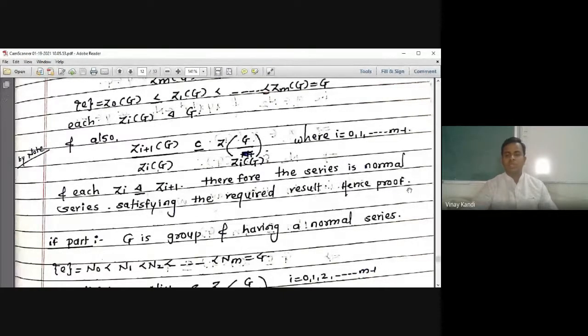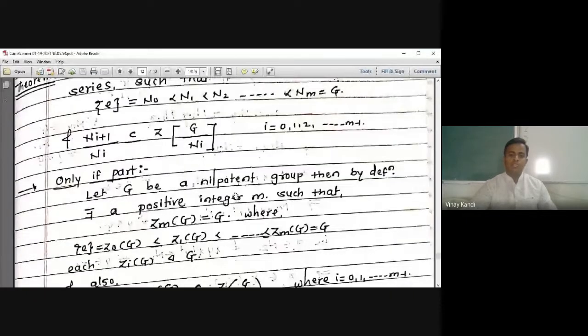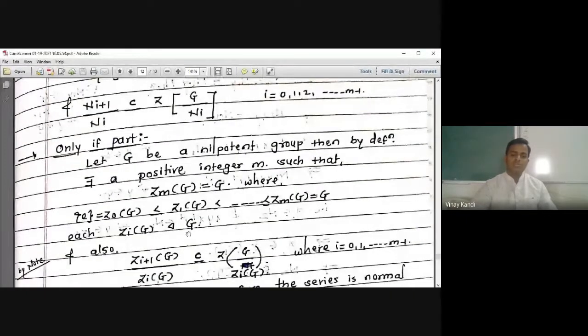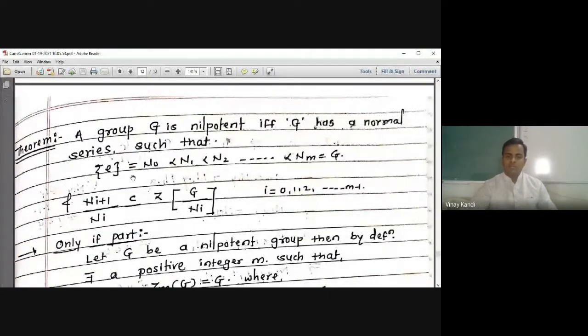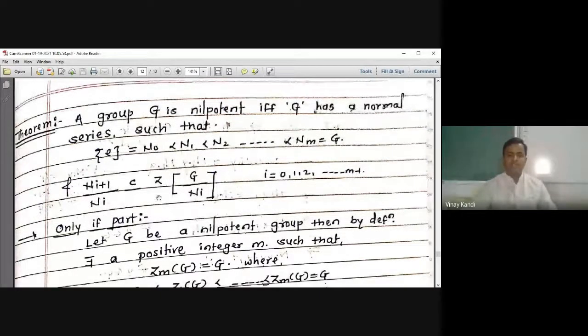So there is no need to prove again that each Zi is normal in Zi plus 1, because by the definition of a nilpotent group, Zi of G is always normal in G. So in the first part, we have taken G as a nilpotent group, and we have proved that G has a normal series such that N naught is a subgroup of N1, up to Nm, and Ni plus 1 upon Ni is contained in Z of G upon Ni, the center of G upon Ni.